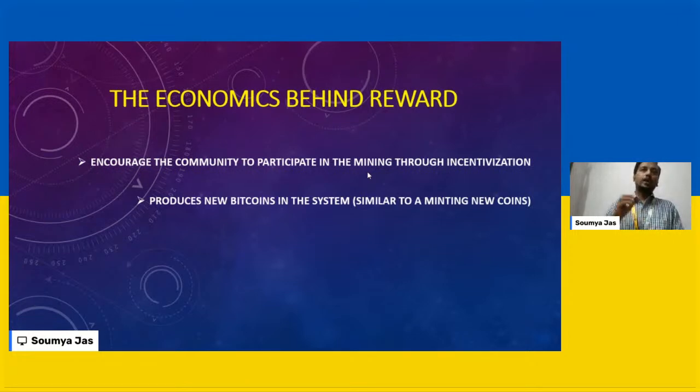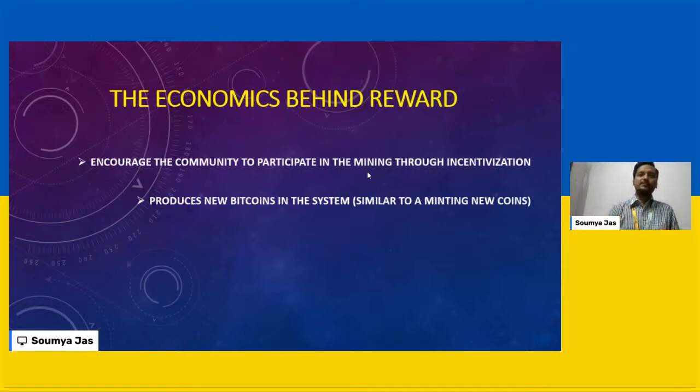When you are solving the hard-coded puzzle, you are investing your computational power, how deeply you can compute and solve that puzzle.